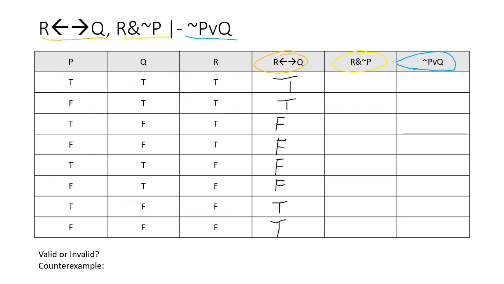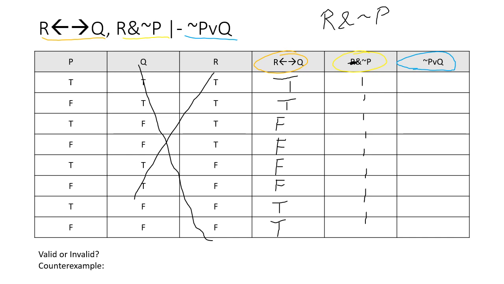Now, if we look at the second premise, we have R and tilde P. So we've got two operators. The tilde is just over the P, so we'll have to do that one first. So ignoring this ampersand for a moment, ignoring both of these columns because we don't need them, we're just focusing on the P. Right now, we're going to take the values here and flip them over.